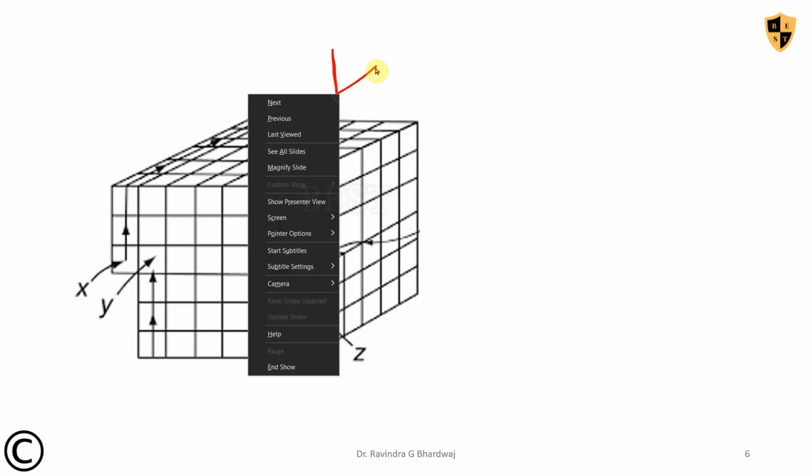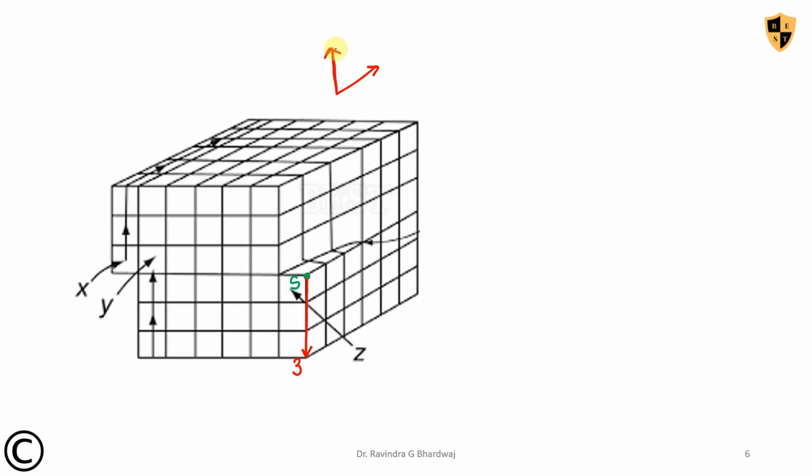So this is going to be x and this is y, right? I'm moving generally in x and y, so I'm not using the z direction right now, which otherwise is going to be this. Let's keep it like this. So this is the z direction. I have moved 3 units in negative y direction, right?